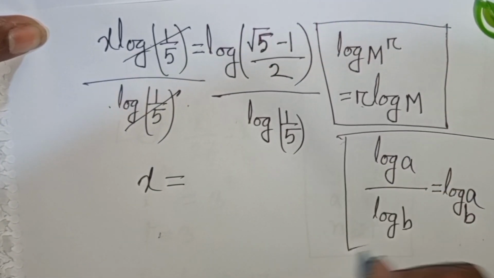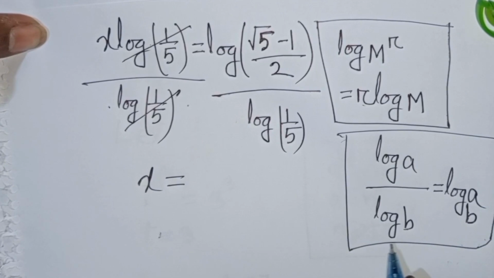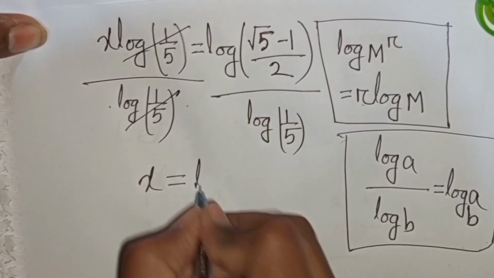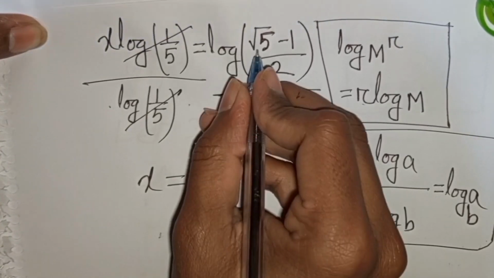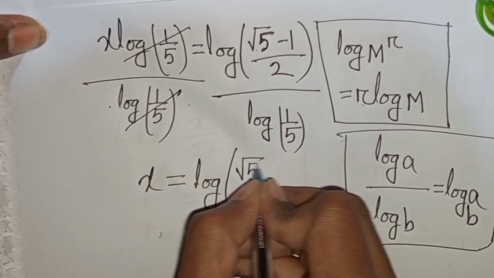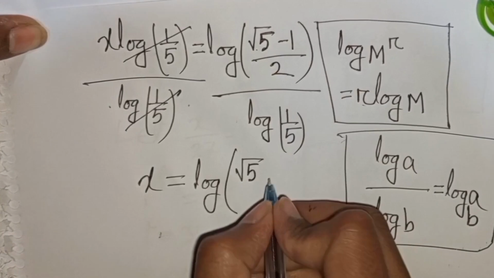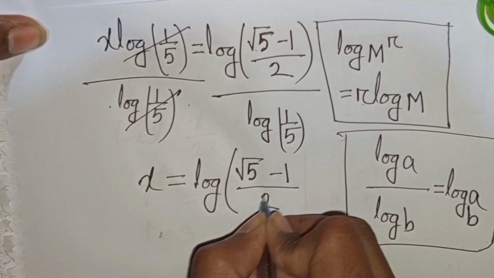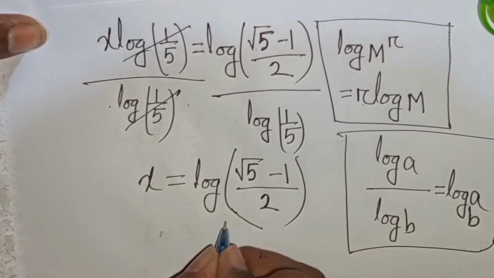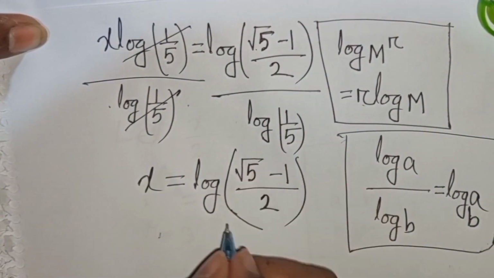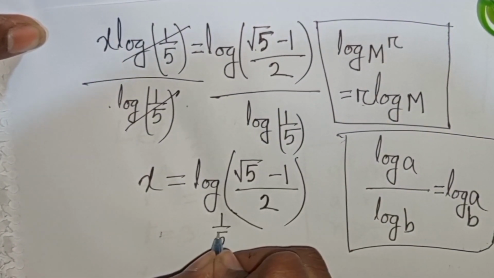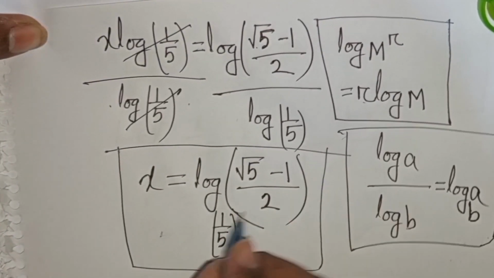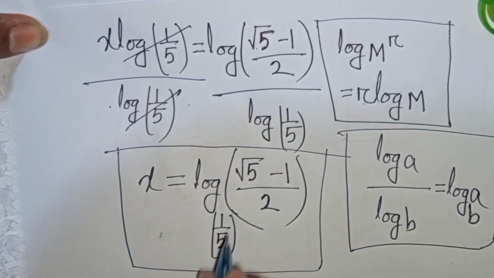So according to this formula, this divided by this, that means it will be log of (square root of 5 minus 1) over 2, base 1/5. So this is the value of x. So this is our final answer.